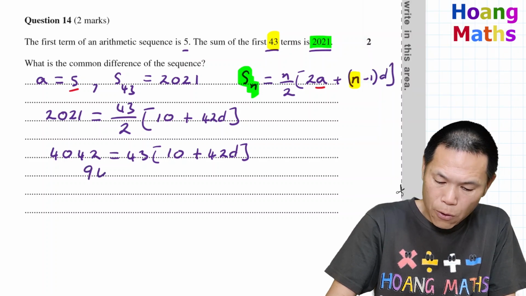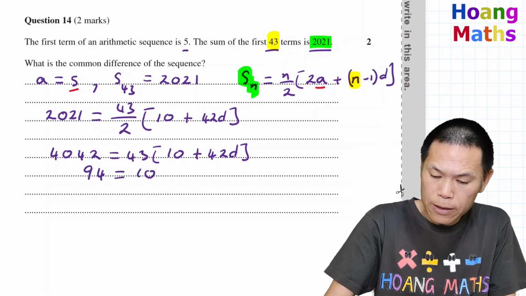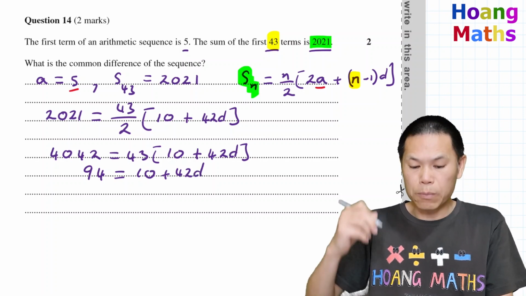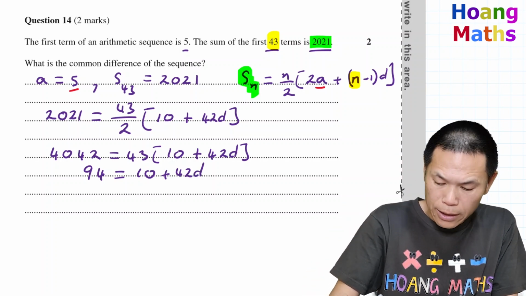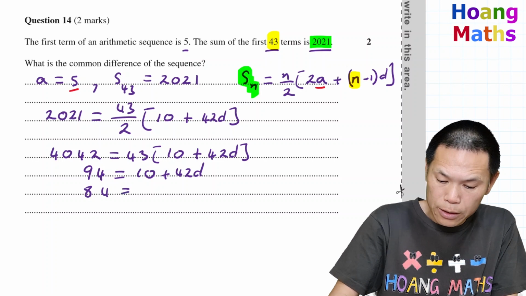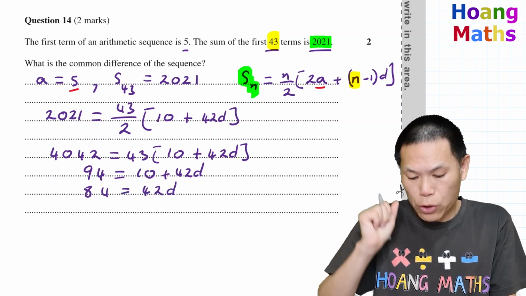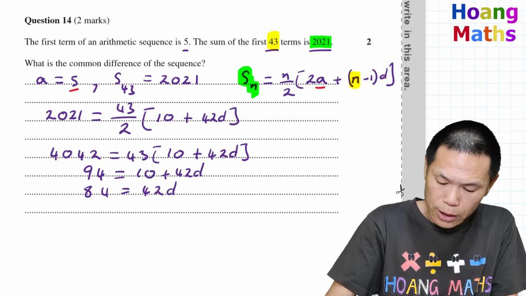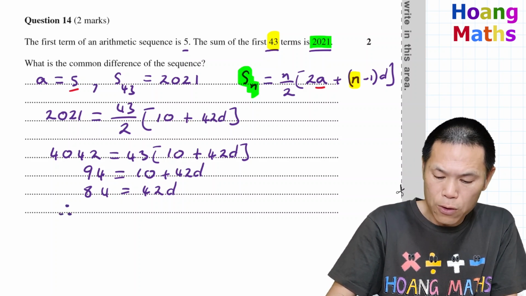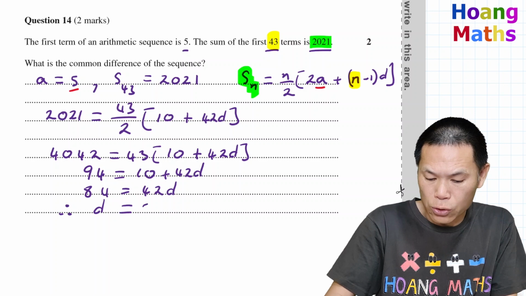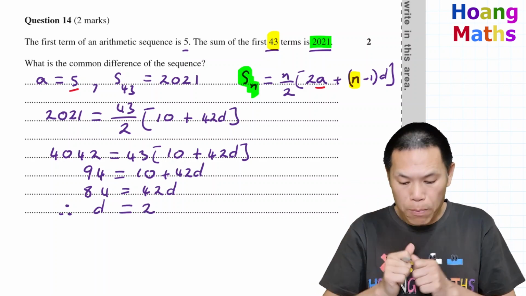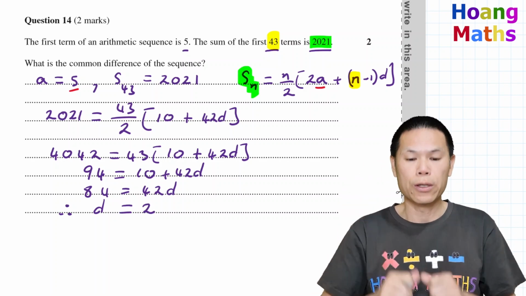So 94 is 10 plus 42d. I minus 10 on both sides, so 84 is 42d, and I divide by 42 on both sides. So d is equal to 2. Therefore, the common difference is 2.